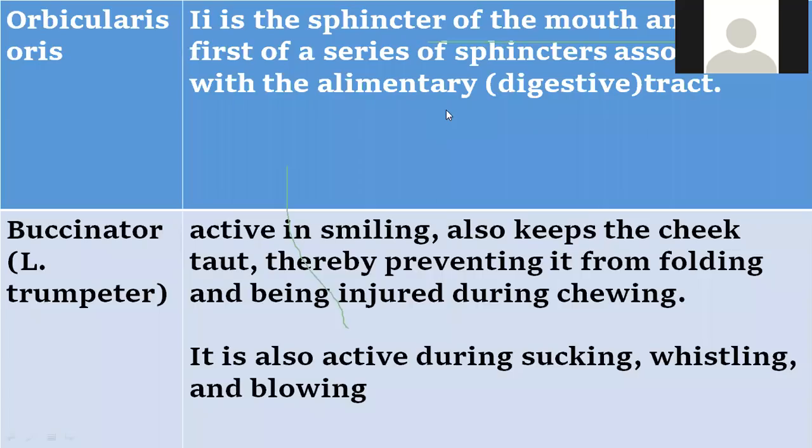So the orbital part tightly closes the eyelid to protect the eyeballs against injury and dust. So I want to believe that you have gotten the three parts of the orbicularis oculi muscle. The palpebral part closes the eyelid, the lacrimal part drains the tears, while the orbital part closes the eyelid to protect the eyeballs from injuries and dust.